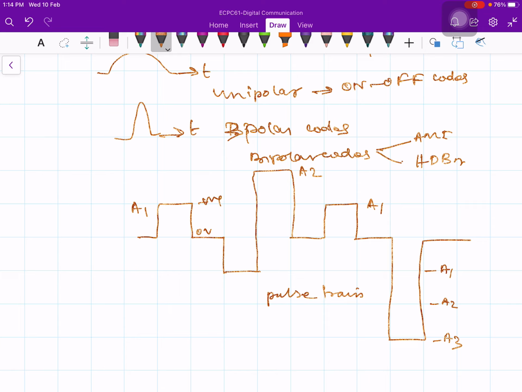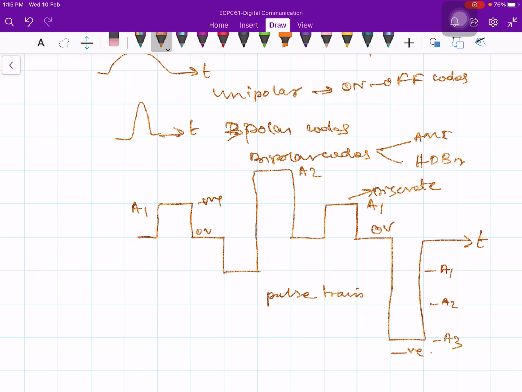So here we are permitting positive discrete values, negative discrete values, and also 0 values in this general scheme of things. This is your time axis.